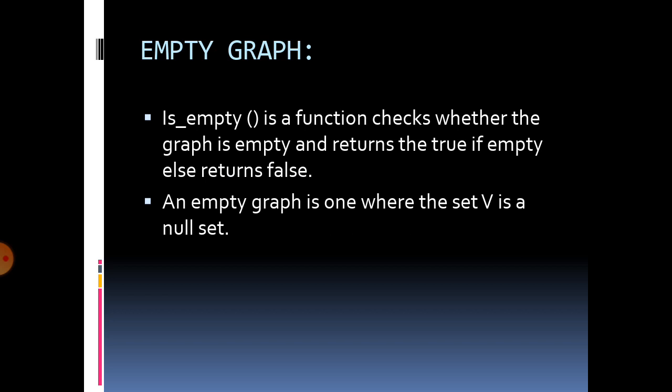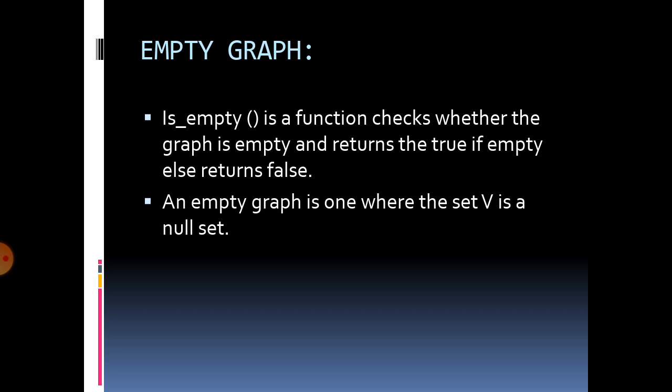Here we have to check whether a graph is empty and return true if empty, otherwise return false, because if the graph is not empty, it will return false. If it is empty, it returns true. An empty graph is one in which the set V is a null set. We already know that while creating a graph we have V and E, and the numbers of vertices and edges are 0.